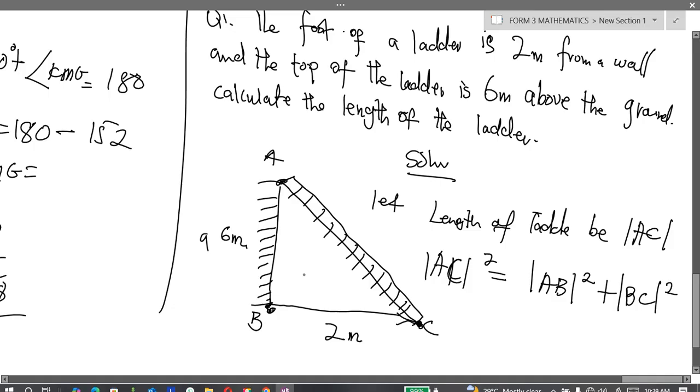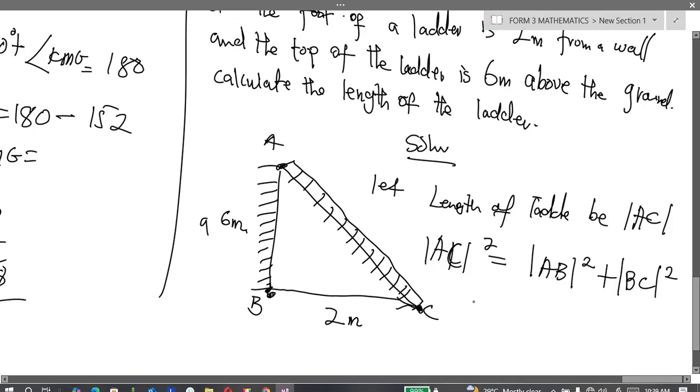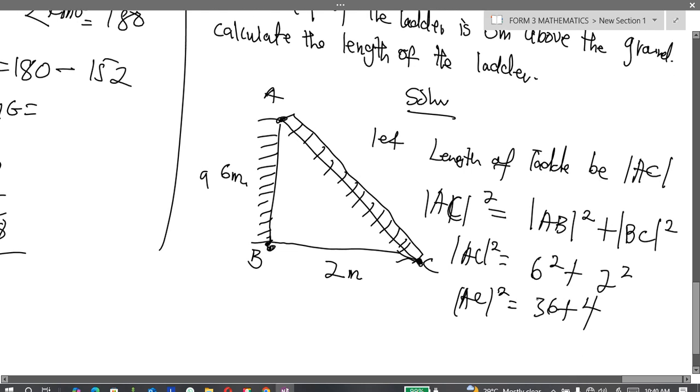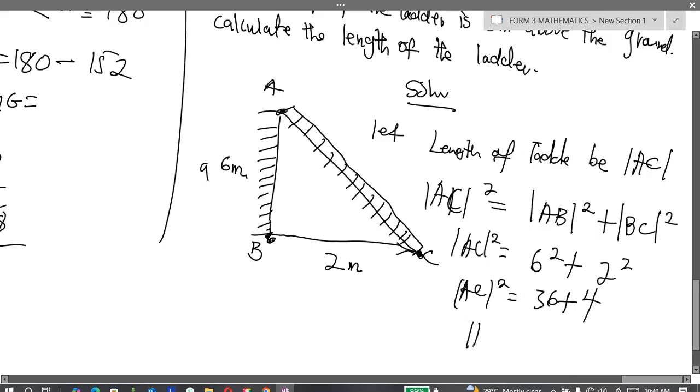Of course, we've done the diagrammatic representation, so the examiner will know what AC and AB are. So AC squared is 6 squared plus 2 squared. 6 times 6 is 36, plus 4. 36 plus 4 is 40. AC squared is equal to 40.